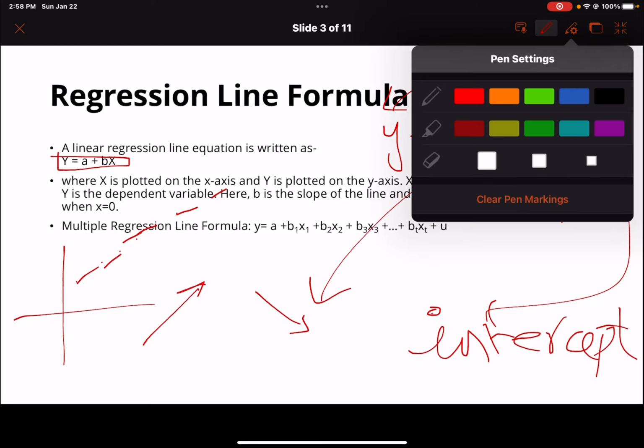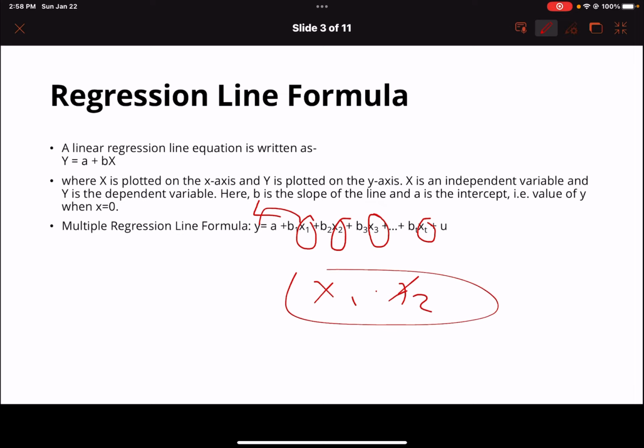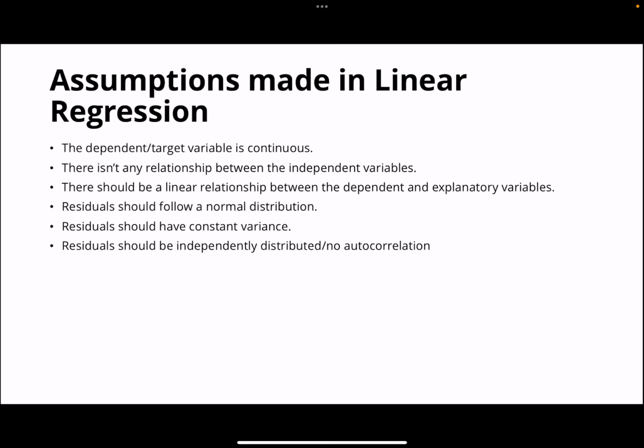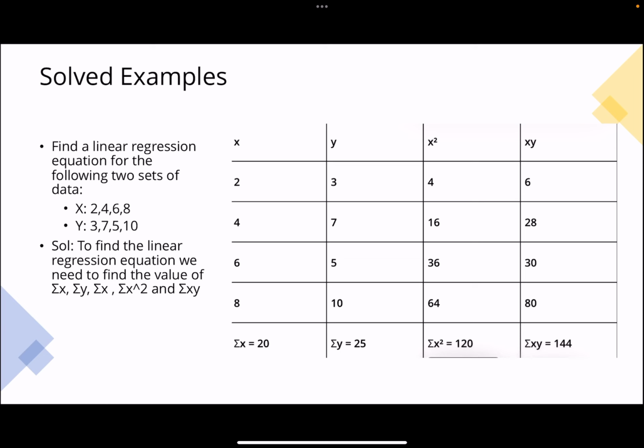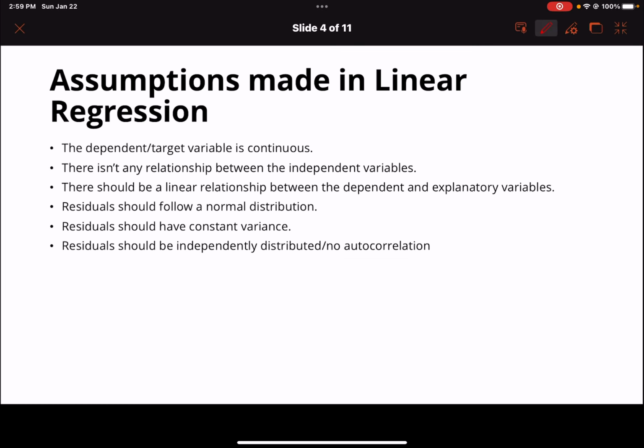In multiple regression, we have multiple variables. Each individually affects the expected value independently, and there is no interaction among these variables. We keep this in mind for regression. So the assumptions that are made for linear regression: firstly, that the variables are continuous.